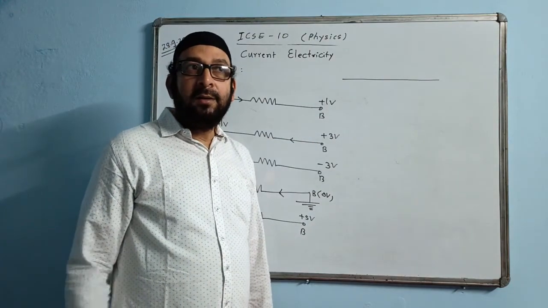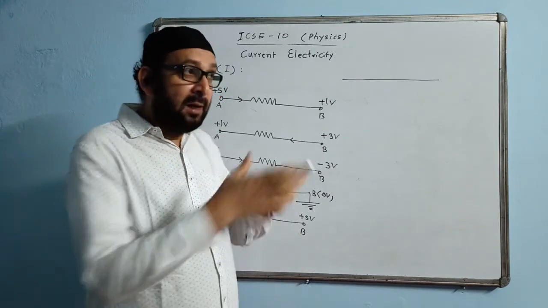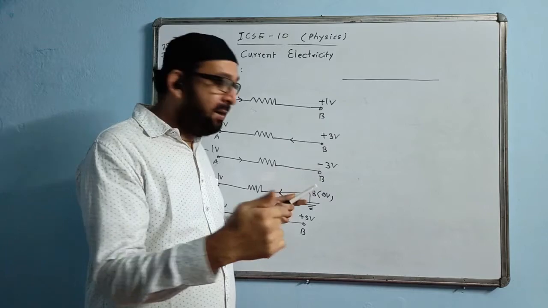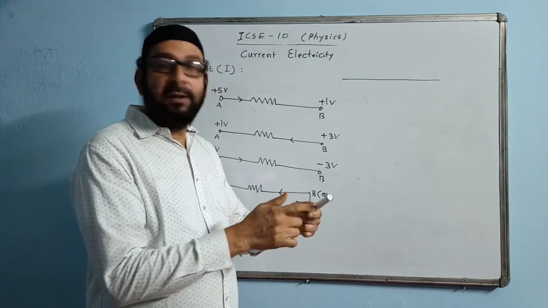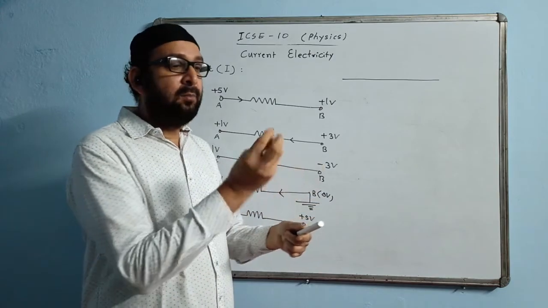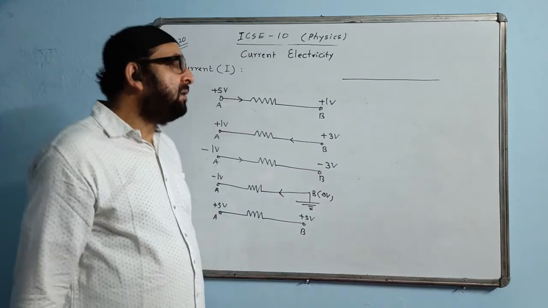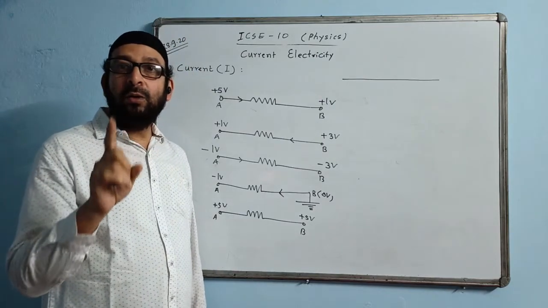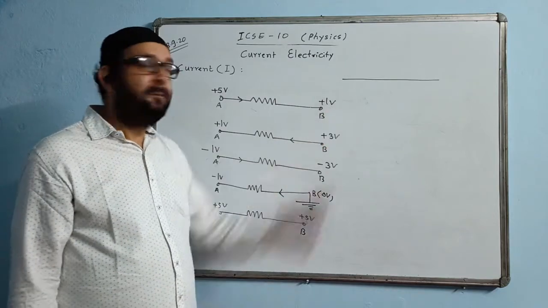Answer is no. Can you light a bulb with a single wire? Answer is no. We need two wires, positive wire and negative wire. You join the two ends, positive and negative, and the current flows and the bulb glows and gives light. A single wire's potential is the same throughout. Hence, no current flows through it.